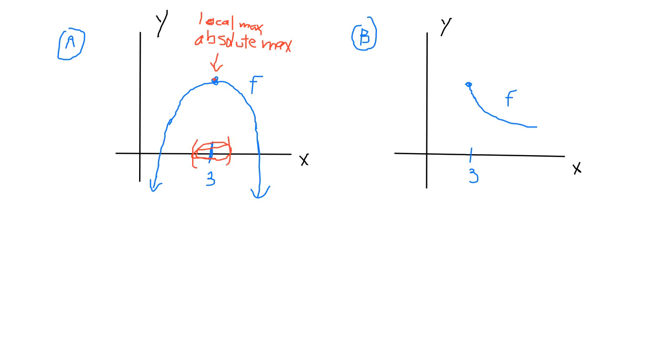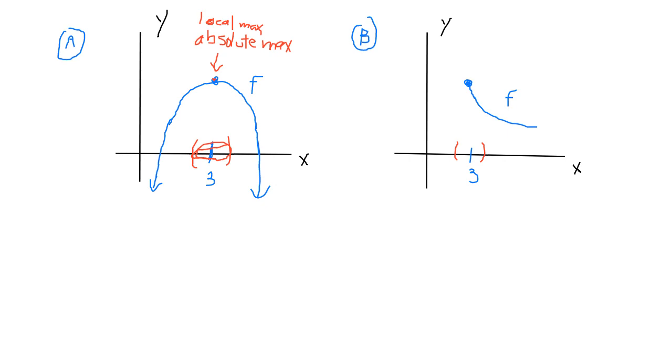Now if I go to figure B, and I'm looking at the blue point there, is that a local max? Well, can I put an interval around x equals 3 and say that that point is the highest on that interval?